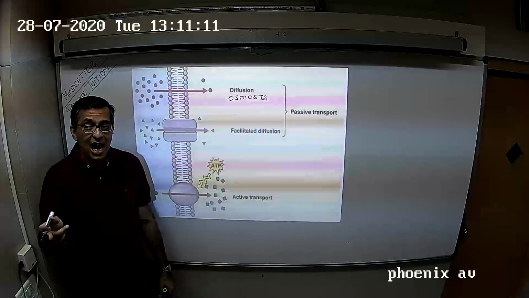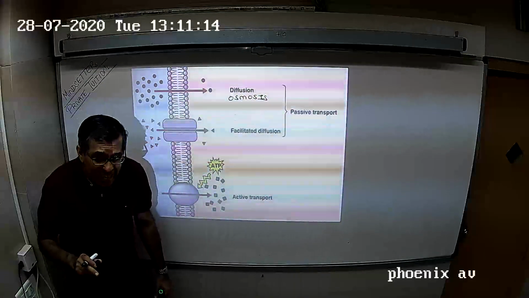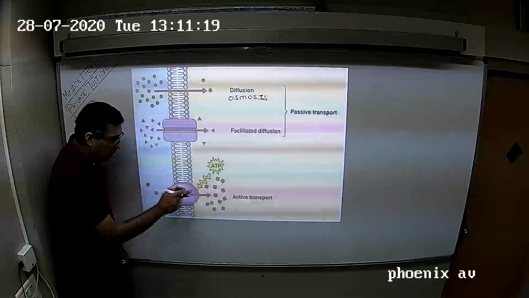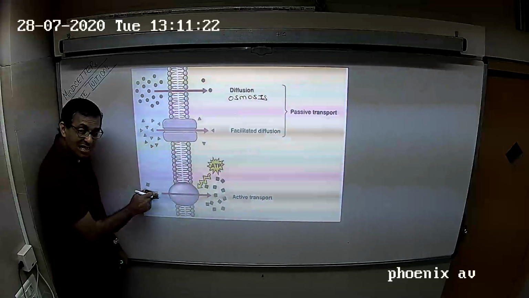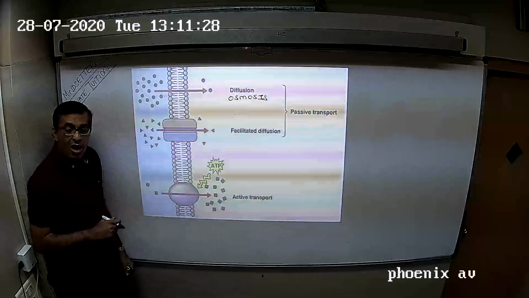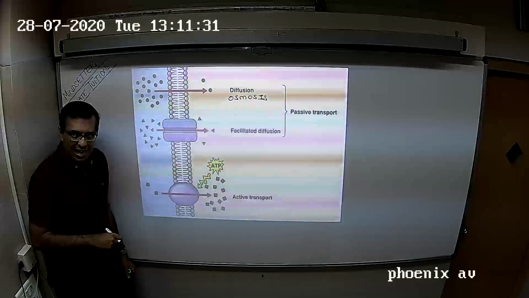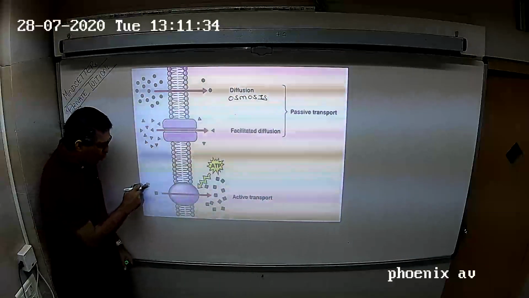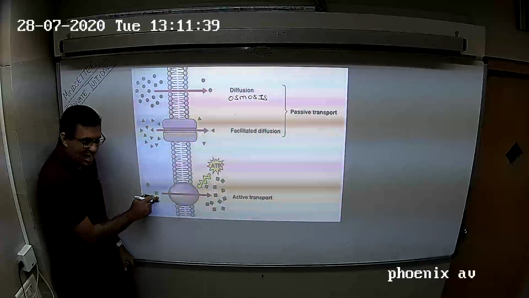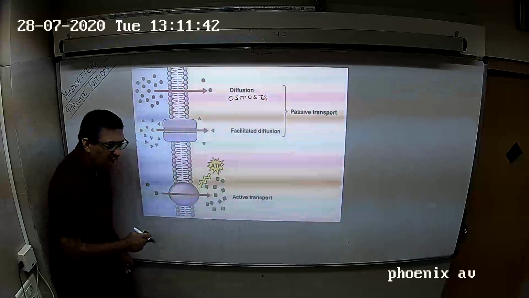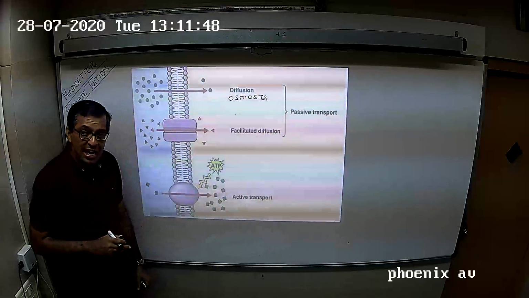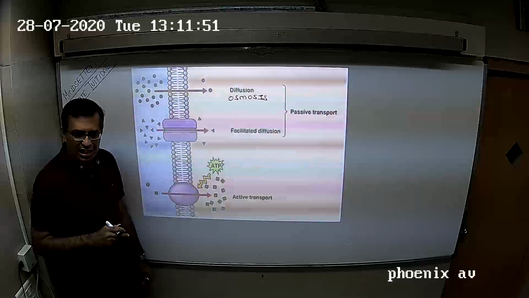So you now have to absorb substances from the intestine into blood, from low concentration into high concentration, against the concentration gradient. When we absorb substances like glucose from low concentration in the intestine to higher concentration in the blood vessels, we are absorbing nutrients against the concentration gradient.